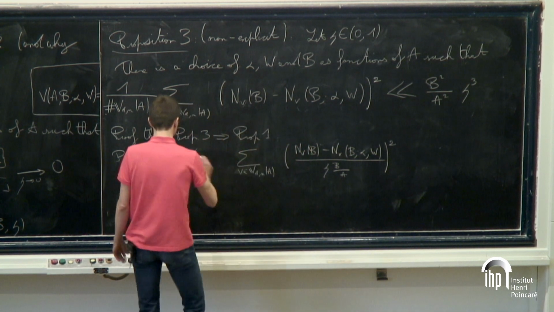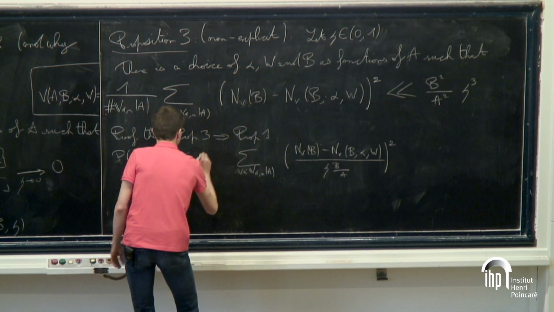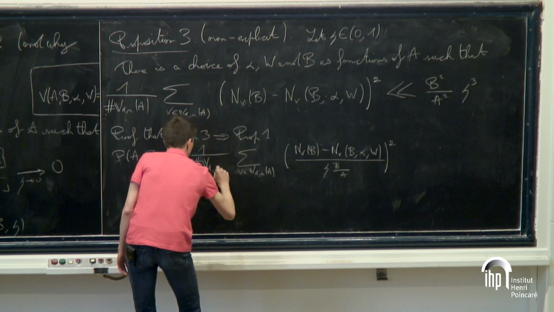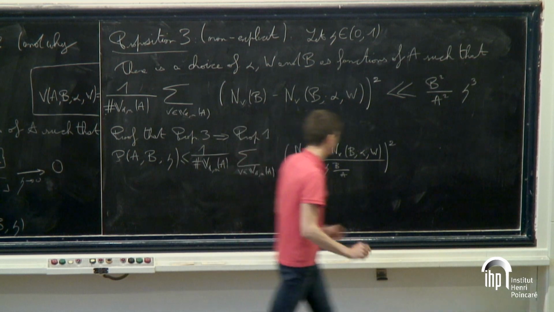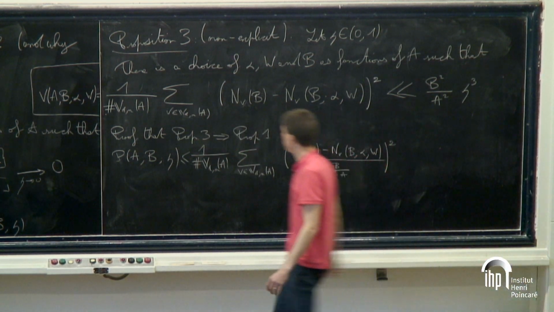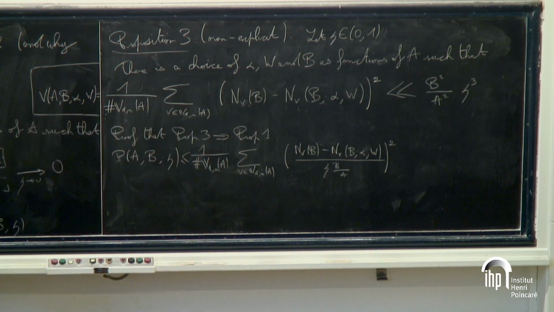Okay, so we have this inequality if I divide by the cardinality of VD and FA. Okay, so that's a classical trick in analytic number theory.